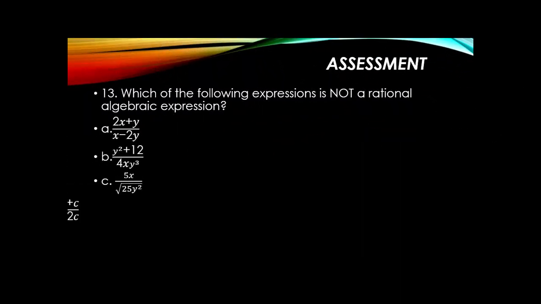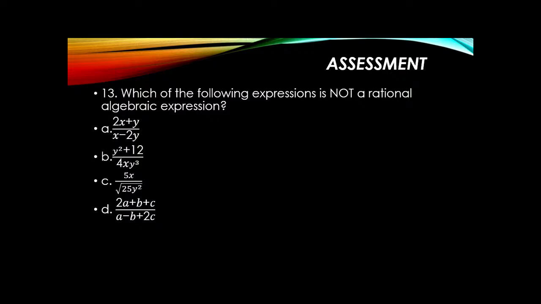Which of the following expressions is not a rational algebraic expression? Where is the one that is not a rational algebraic expression? Letter A, 2x plus y all over x minus 2y.